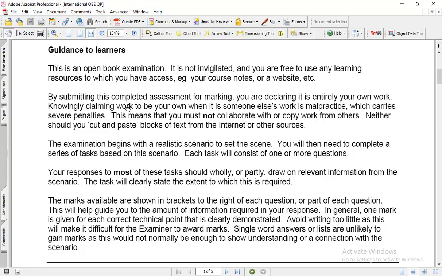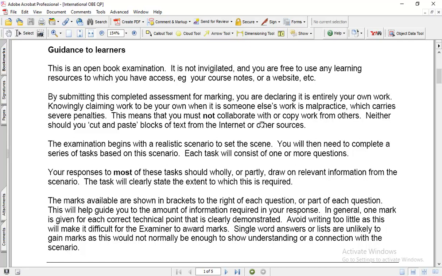So once you are submitting the answer sheet, you are declaring that this is your own work. You didn't utilize any unfair means to solve the solution. Otherwise, it will lead to malpractice and can cause severe penalties.